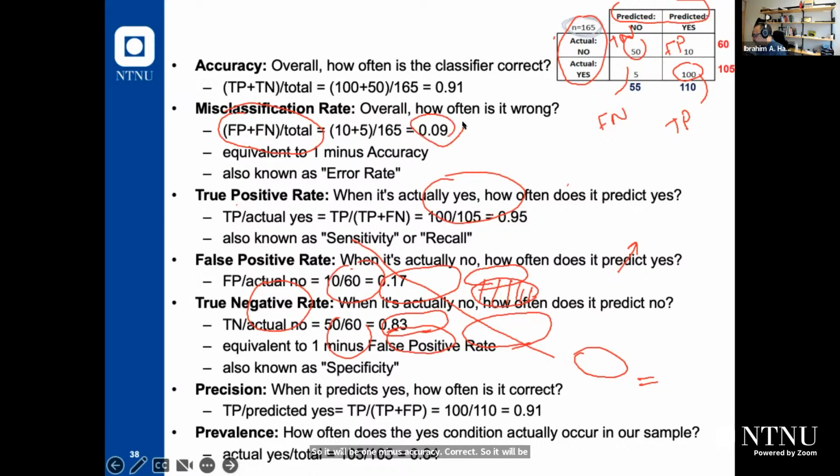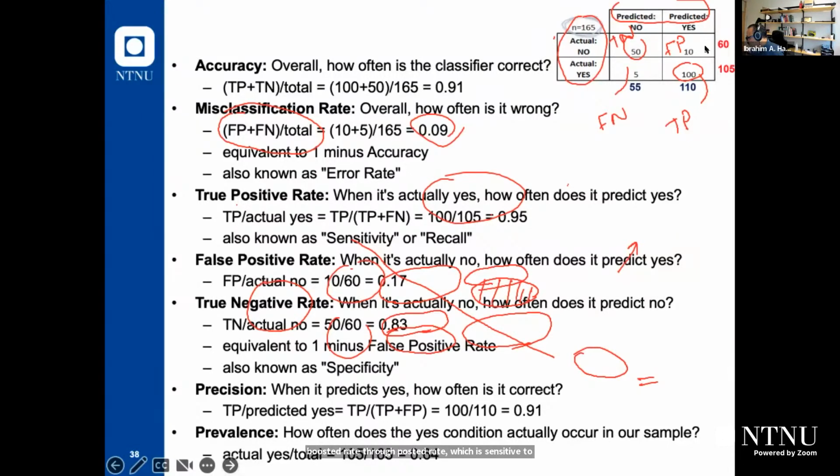True positive rate: when it's actually yes, how often does it predict yes? So when it's positive, it will be true positive divided by true positive plus false negative. This is the true positive rate, which is sensitivity or recall, right?